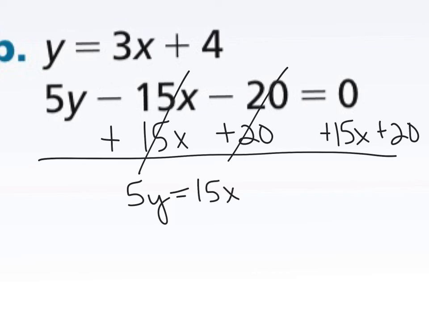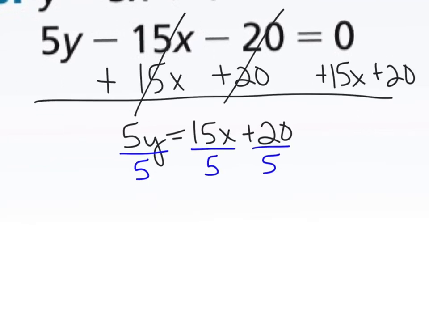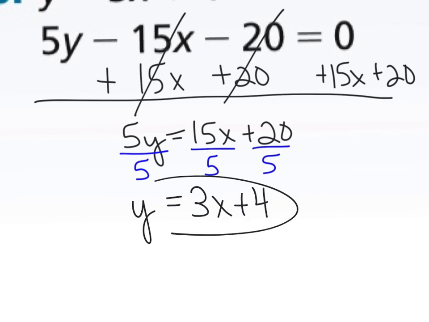Okay, we want to clear everything out except our y term. Get that y term by itself, and then we can solve. Instead of 5y, we're obviously wanting to just know y equals something. So to get it to be a y equals instead of 5y equals, they're multiplying by 5, we need to divide everything by 5. When we divide everything by 5, we're going to get y equals 3x plus 4.